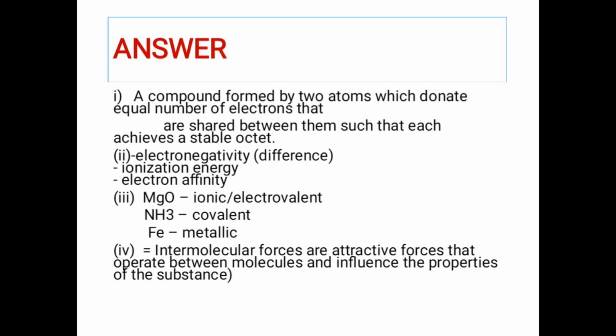So these are factors that affect formation of covalent bonding. Okay, so we have to also mention the bond that each one carries. MgO is ionic or electrovalent, NH3 is covalent, Fe is metallic. Then what is intermolecular forces? Intermolecular forces are attractive forces that operate between molecules and influence the properties of substances.